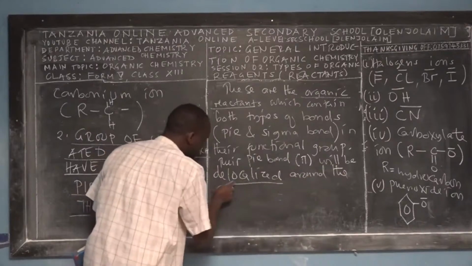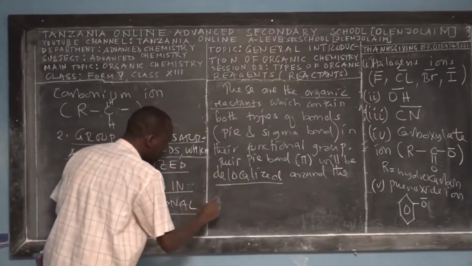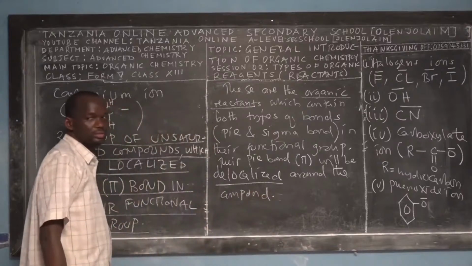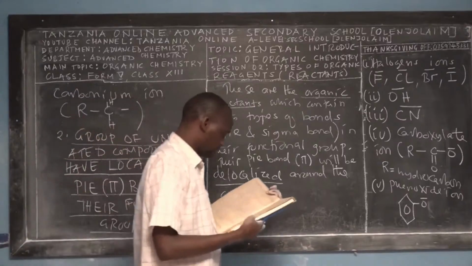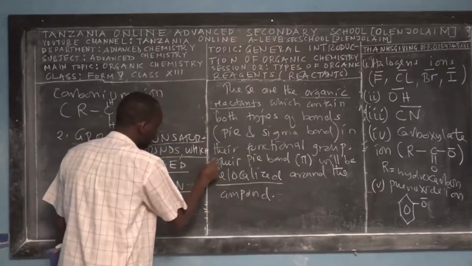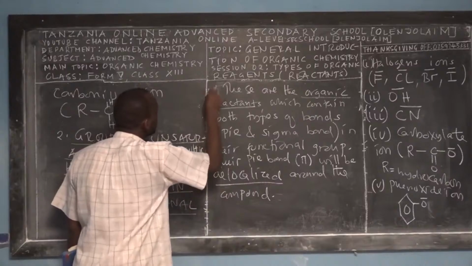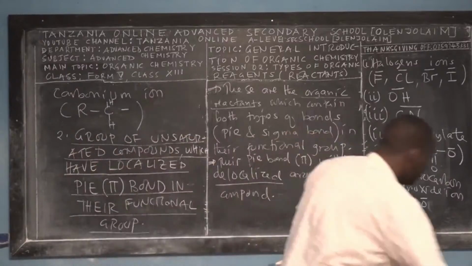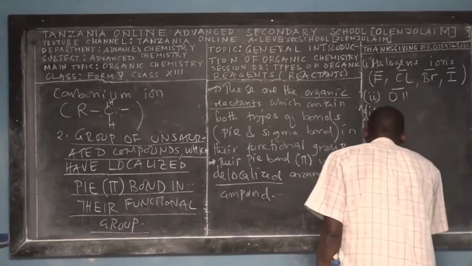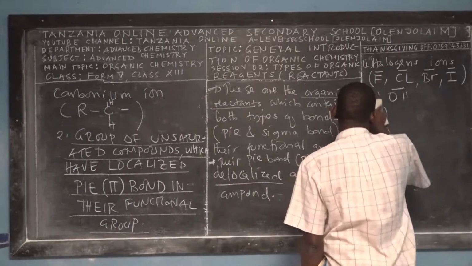So if they contain a delocalized pi bond, the sigma bond will never be delocalized. It will stay there.